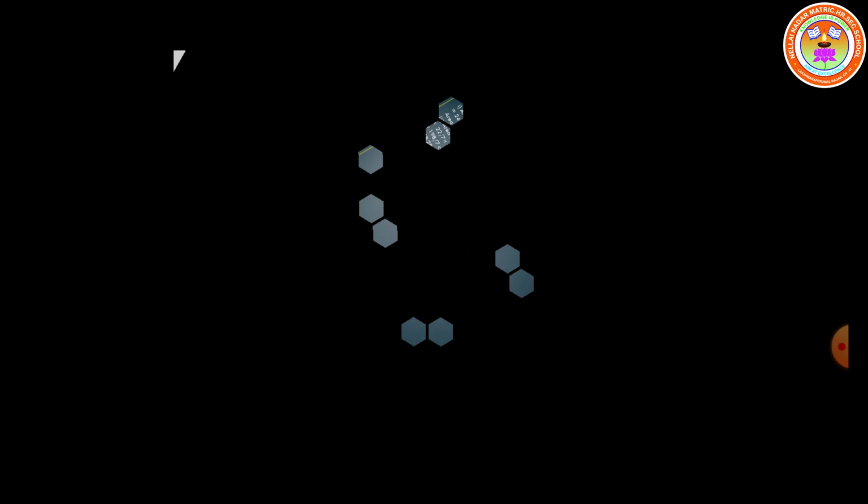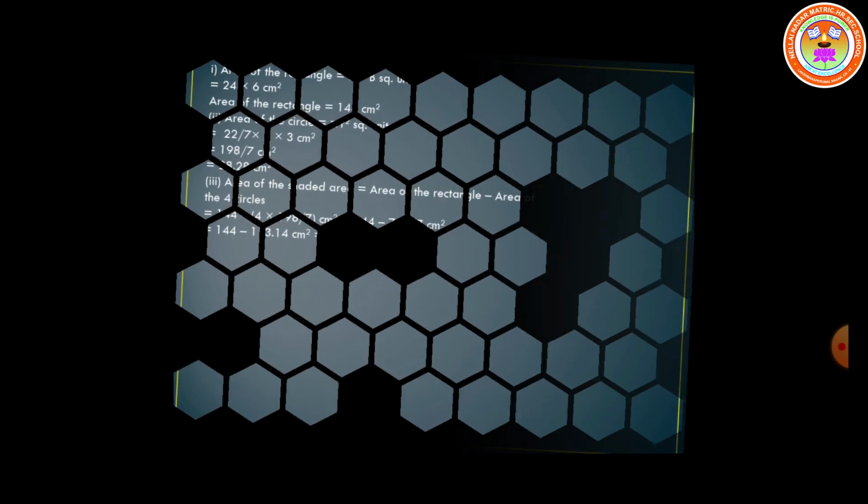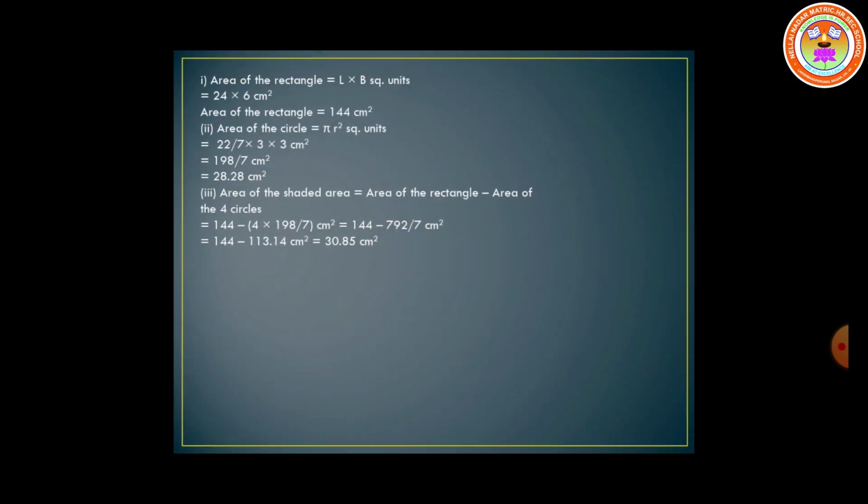Next we are going to find the first question, the area of the rectangle. How do you find the area of the rectangle? L into B square units, 24 into 6 cm square. Area of the rectangle, 6 4s are what? 24, balance 2. 6 4s are 24, 24 plus 2, 144 cm square.